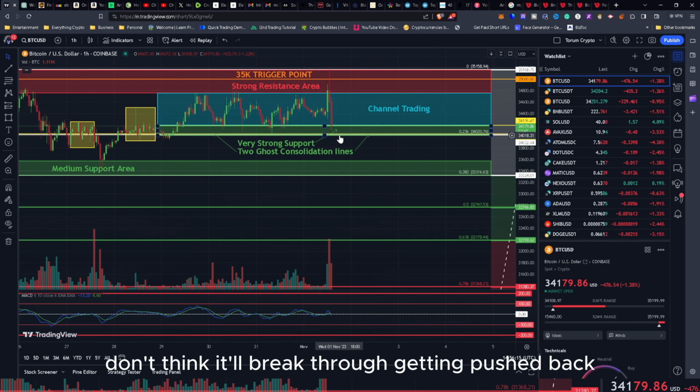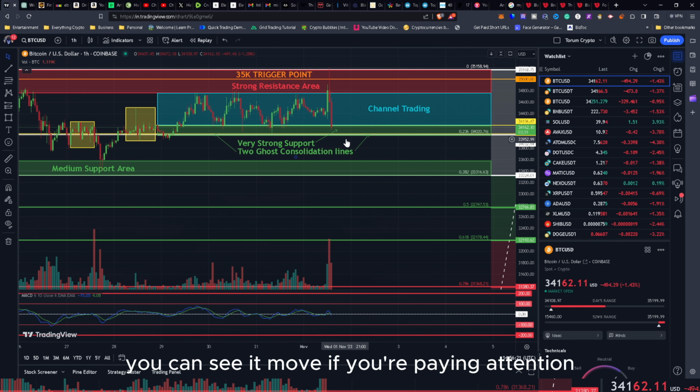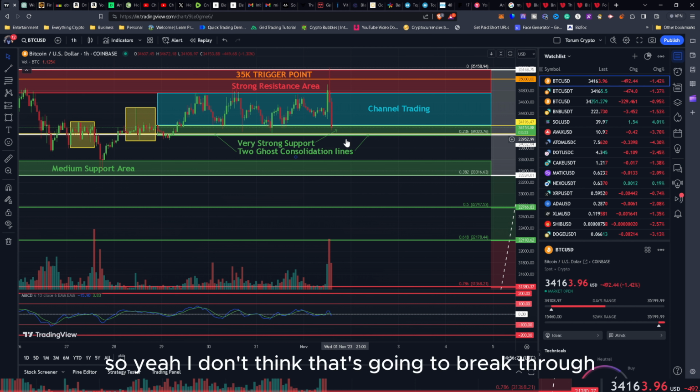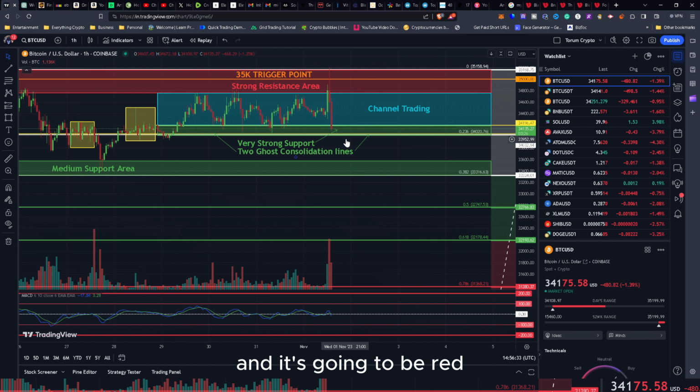Don't think it'll break through. It's getting pushed back, coming back down for another test right now. You can see it move if you're paying attention. So yeah, I don't think that's going to break through. We've got 4 minutes before the next candle comes up, and it's going to be red and continue to test this area.